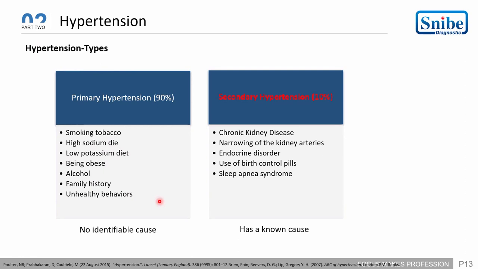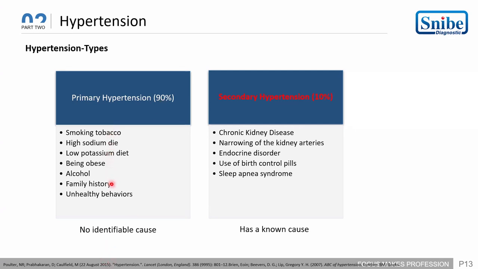Secondary hypertension may be due to chronic kidney disease, narrowing of the kidney arteries, endocrine disorder, birth control pill utilization, or sleep apnea syndrome as a known cause. But primary hypertension, which is 90% of overall hypertension, has no identifiable cause.